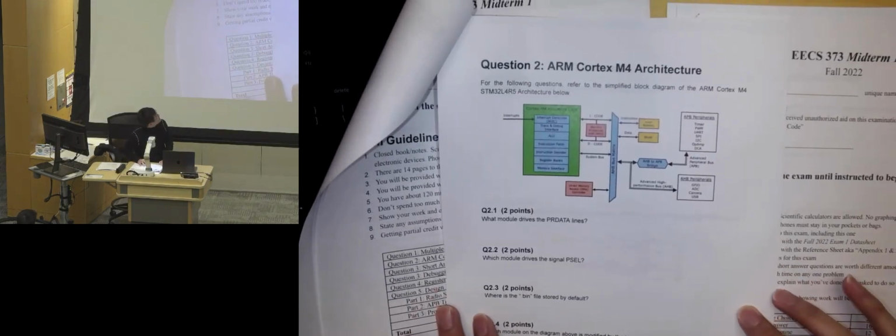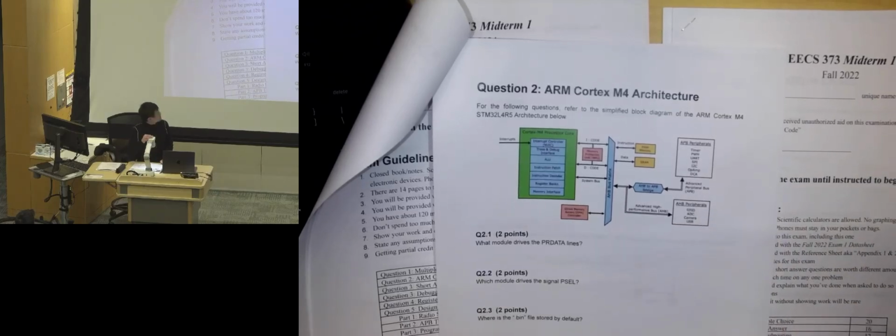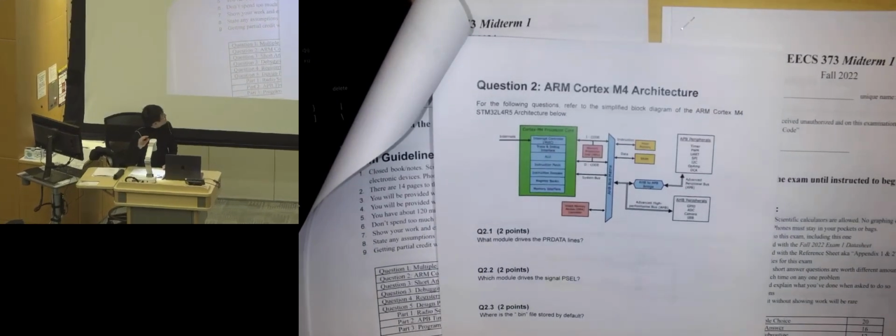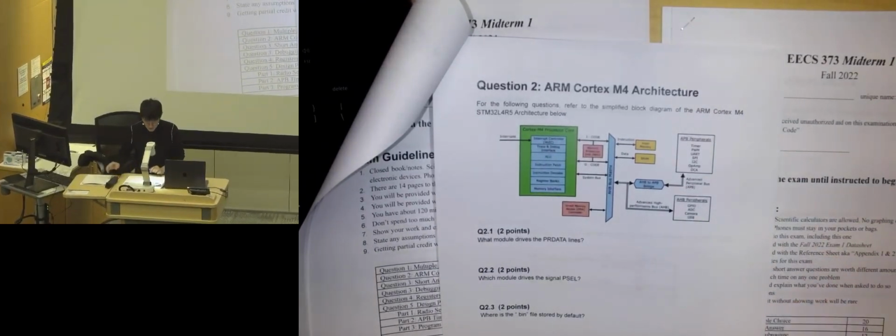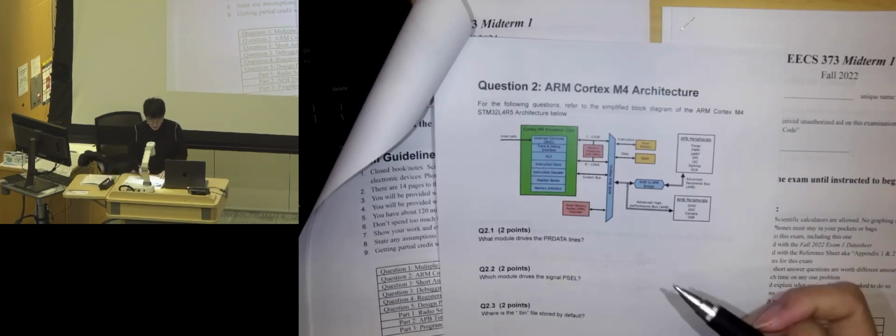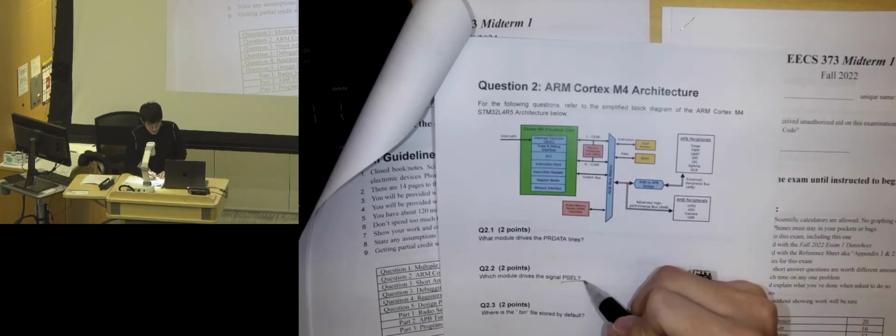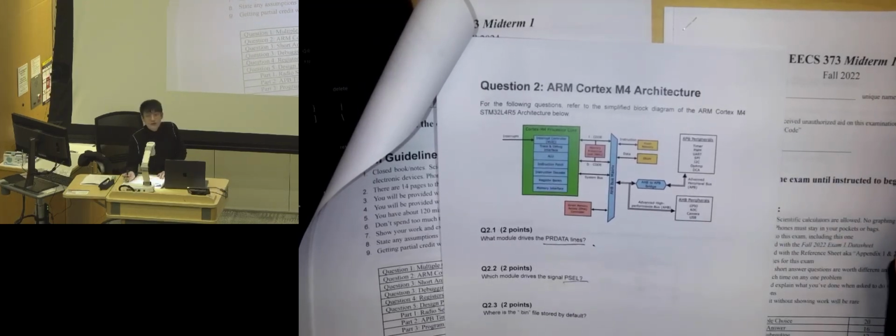Okay, perfect. So this was the question, right? Can you guys see this? Okay, so basically, what module drives the PRDATA line? And then also the second question, which module drives the PSELECT? Is that the question? These two?